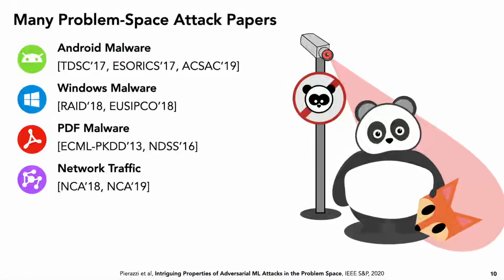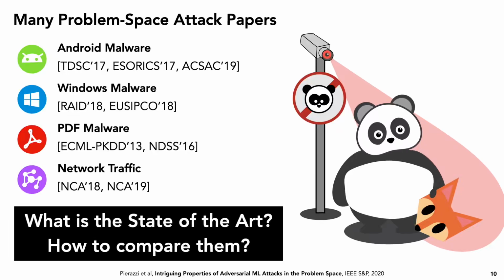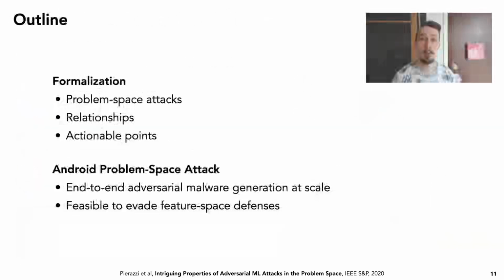Nevertheless, there have been a lot of papers on problem space attacks across different settings, but it hasn't really been clear if the problem is solved, which attack is the best, and how to compare their strengths and limitations. There are two main contributions in this work. The first is a novel formalization of problem space attacks, which allows us to design and reason about problem space attacks in a principled way.